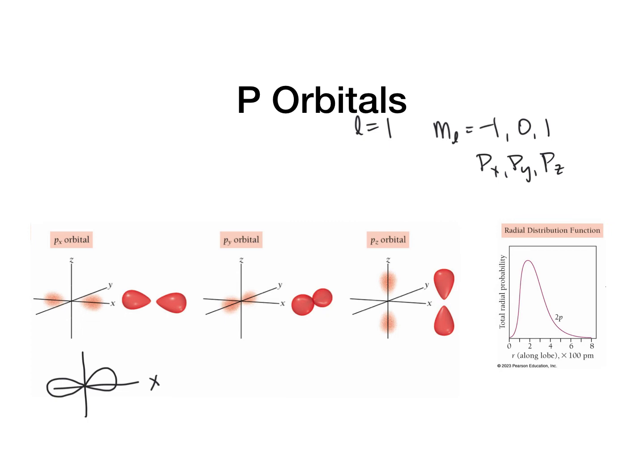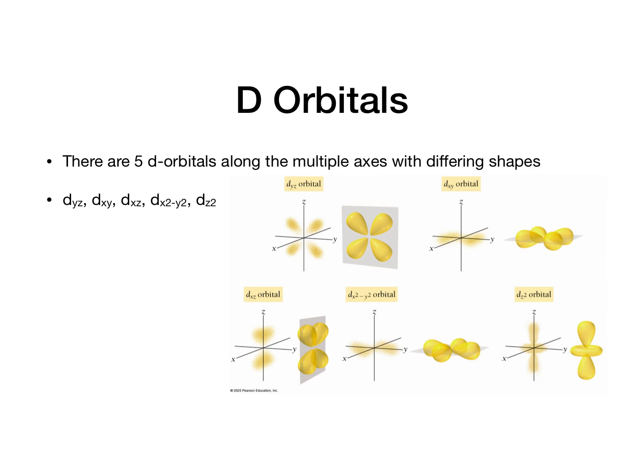So let's look at the d orbitals. There are 5 different d orbitals, which means that m sub l is equal to -2, -1, 0, 1, and 2. And they are along different axes. When we look at these, we can see this cloverleaf shape that corresponds to the dyz, dxy, dxz, and the dx squared minus y squared.